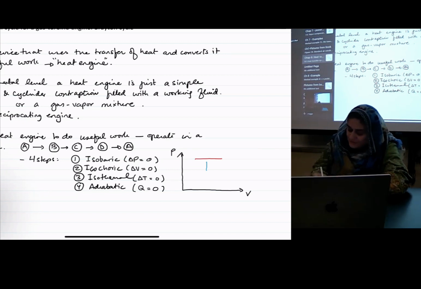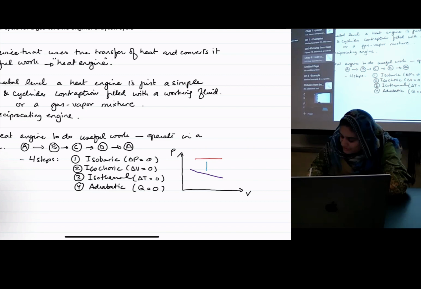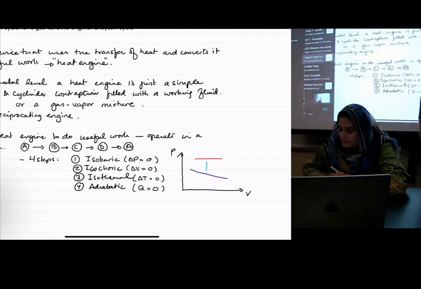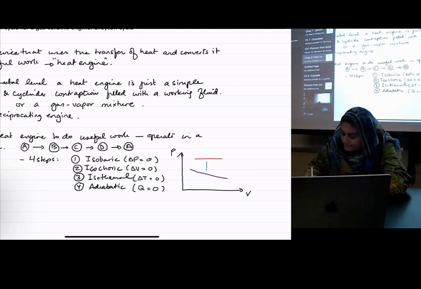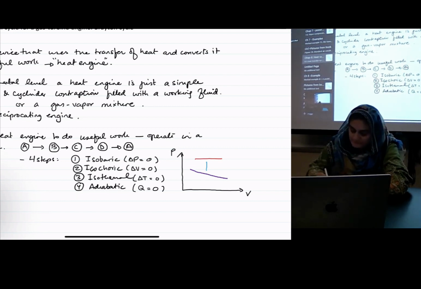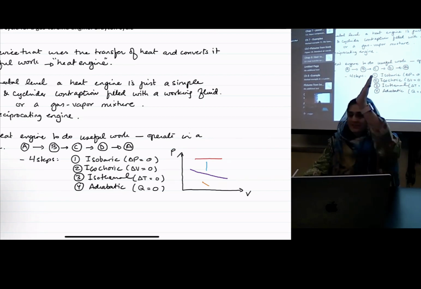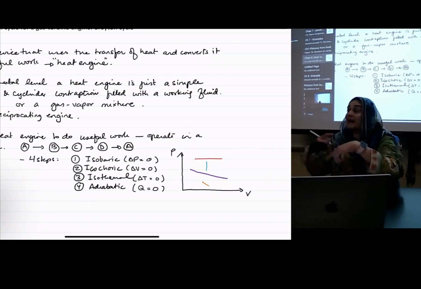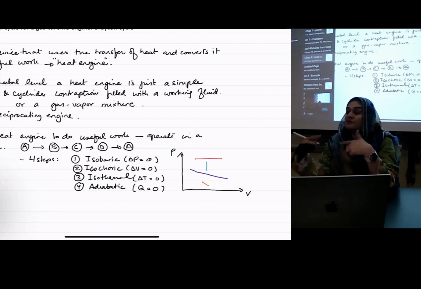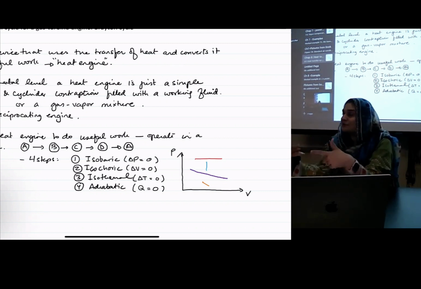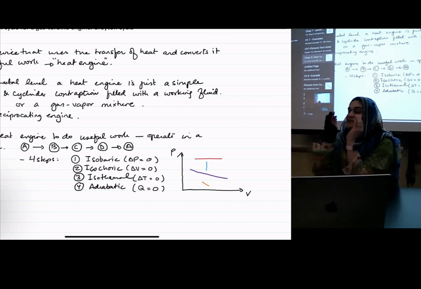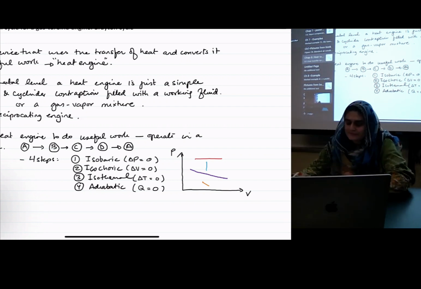What will isothermal look like? Very slow going down. And what will adiabatic look like? Quick. Steeper? Yeah, the slope is very big because it happens quickly. So remember the difference between adiabatic and isothermal? Isothermal processes happen over a long duration, whereas adiabatic happens quickly.